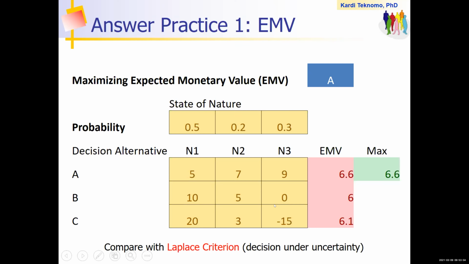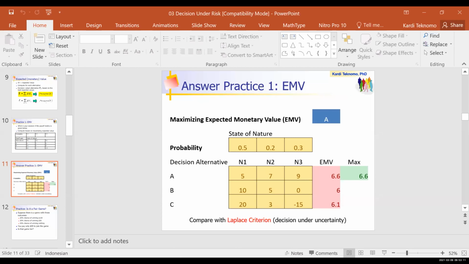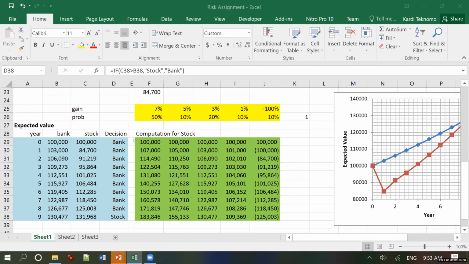The only difference is in this practice, now you have probability times the value for each year. So the decision is for each year in this case. Can you see that or not? Right, so in this case, you have the decision for each year.